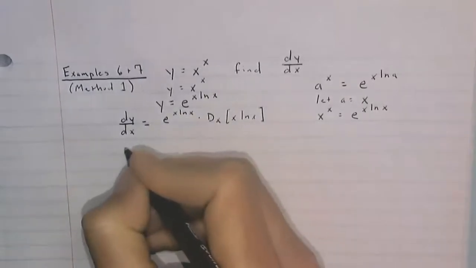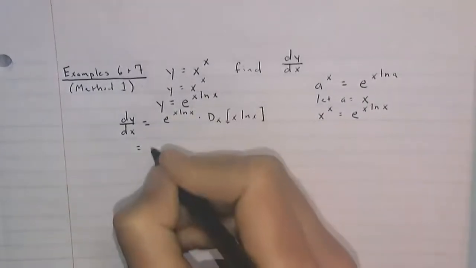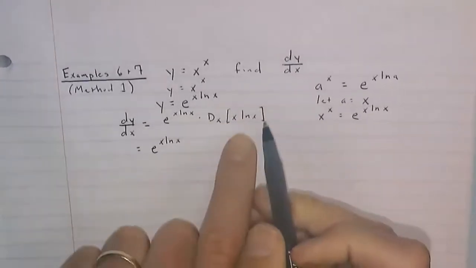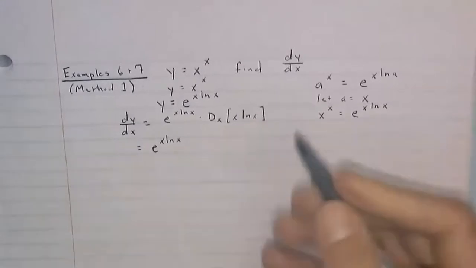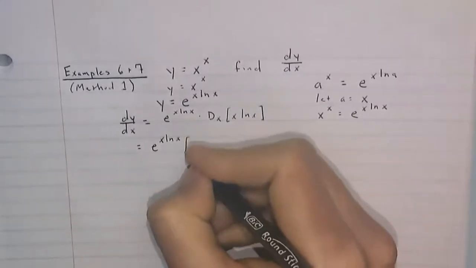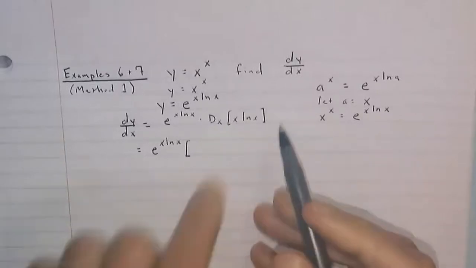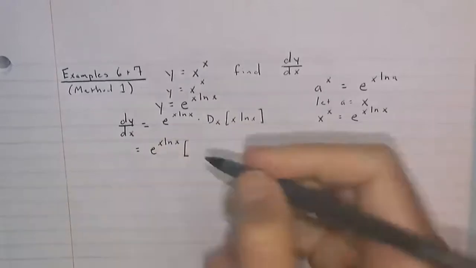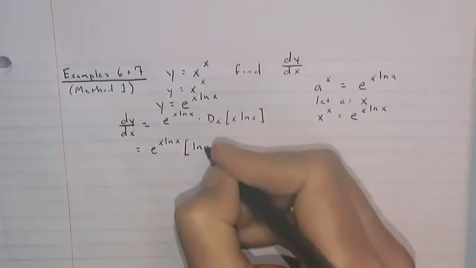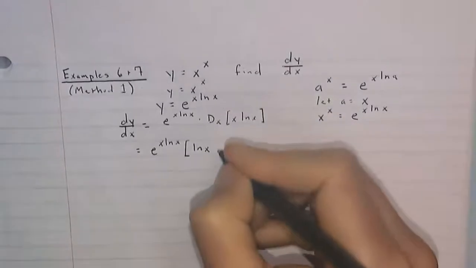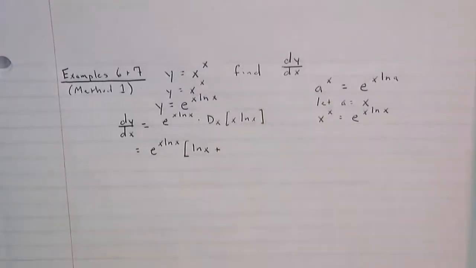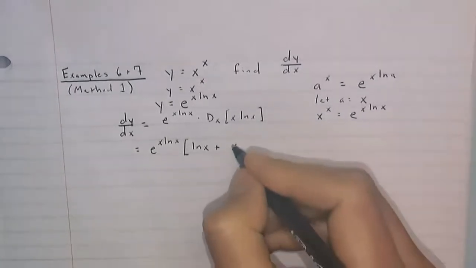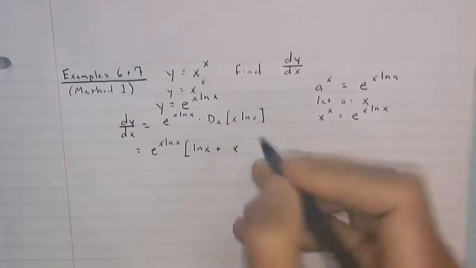Well, that's chain rule, sorry, product rule. So e to the x times the ln of x. The derivative of x times the ln of x is going to require the product rule. So we'll do the derivative of the first thing. The derivative of x is just 1 times the second thing, ln of x, plus the first thing times the derivative of the second thing.